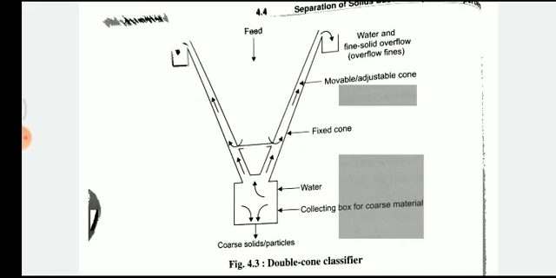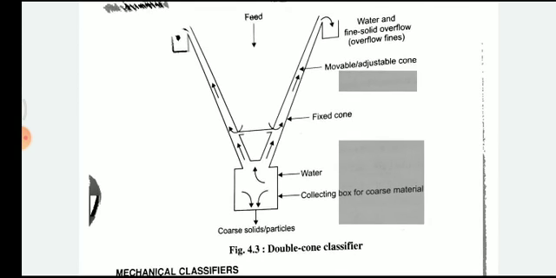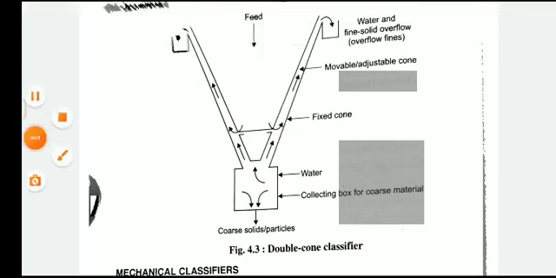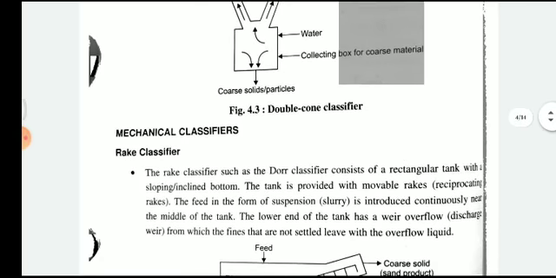Water is supplied from below to the cone, so it spreads to both sides and is collected as overflow. Then there is a collecting box for coarse material. All the coarse, larger size particles are collected at the bottom, and on the right hand side at the top, water with fine solid overflows. So this is the double cone classifier.